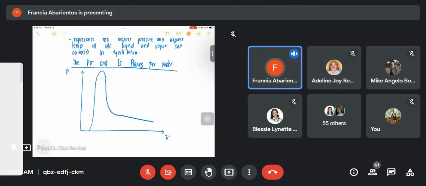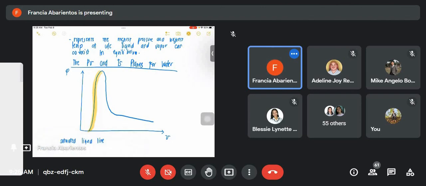So, eto class, just highlight. So, the yellow part is the saturated liquid line. Ayan.